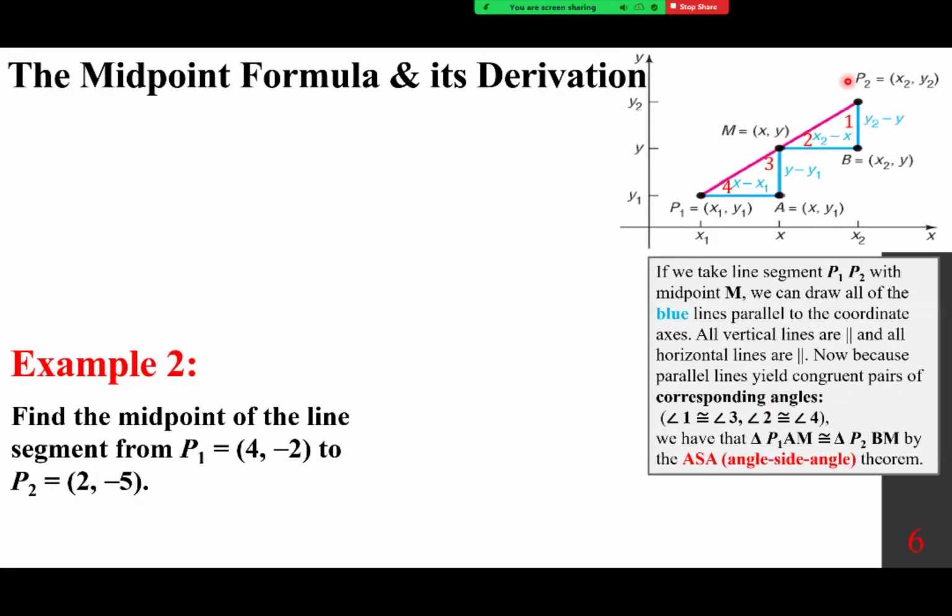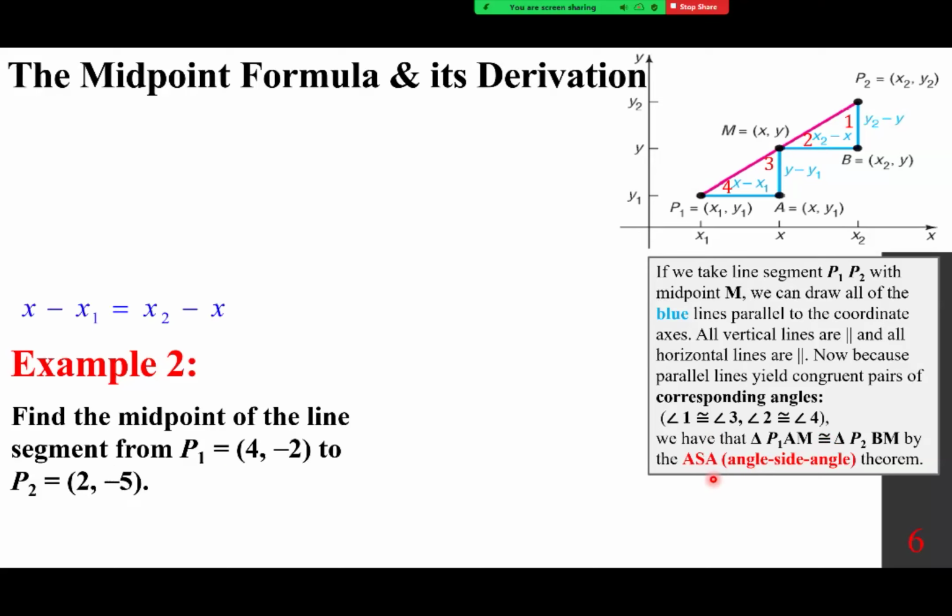So we have that the two triangles, P1AM and P2BM, are identical or congruent, and that uses the angle, side, angle.